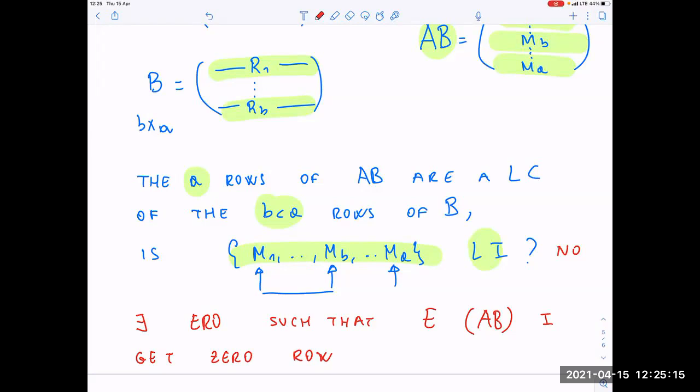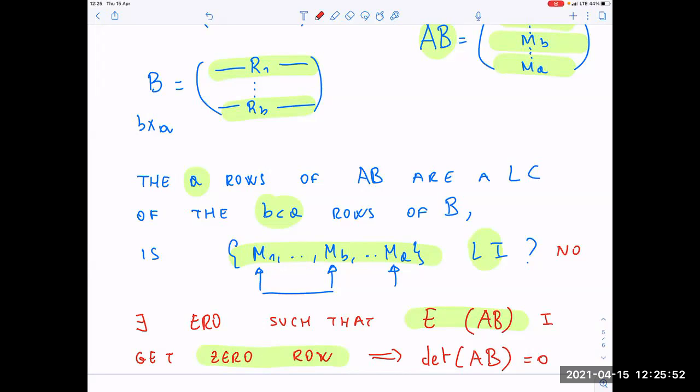So the rows of AB are a linear combination of the rows of B. And so there exists an elementary row operation such that when you multiply like this, you get a 0 row. And getting a 0 row means that the determinant is 0, because the determinant of a matrix row equivalent to AB has a 0 row, so it is 0.